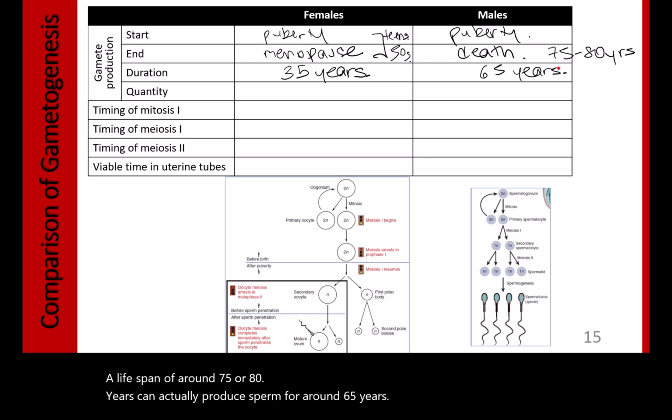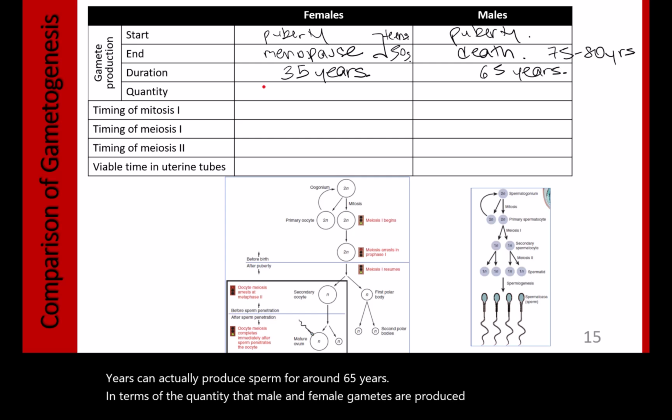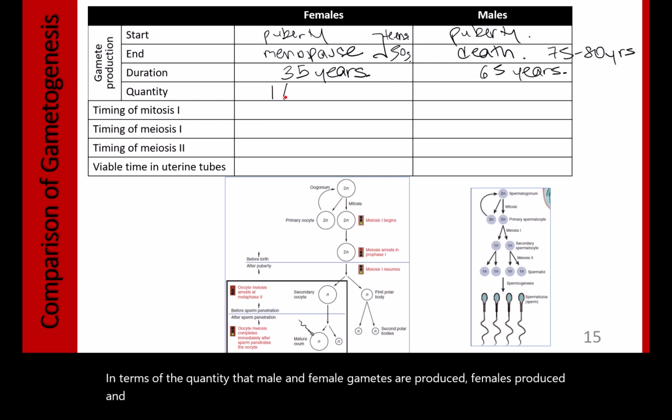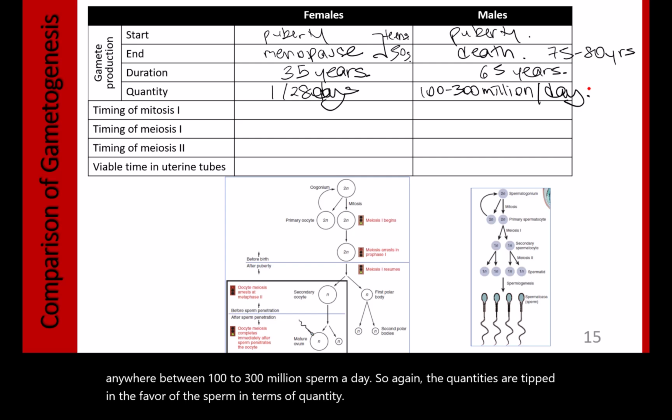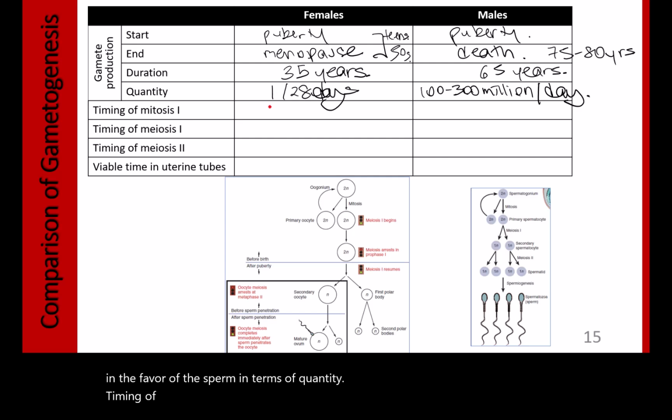In terms of the quantity that male and female gametes are produced, females produce a mature oocyte once every 28 days, or once every cycle, whereas males produce anywhere between 100 to 300 million sperm a day. So again, the quantities are tipped in favor of the sperm. Timing of mitosis in females occurs before birth, and in males, it occurs after puberty.